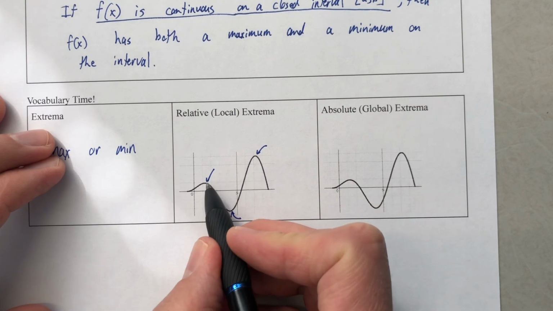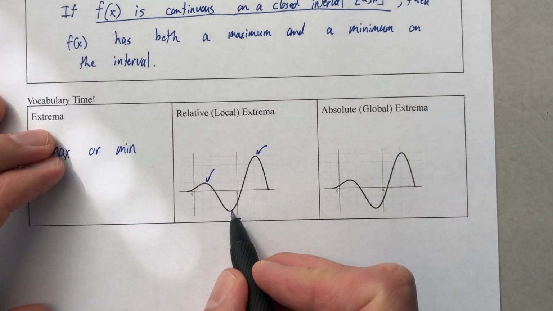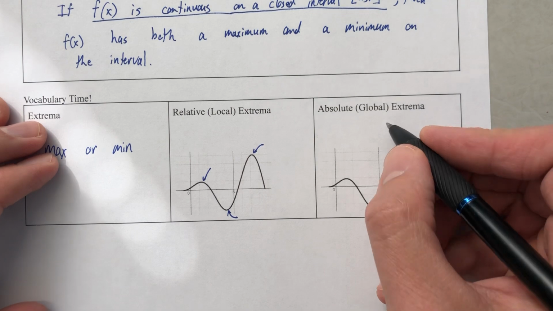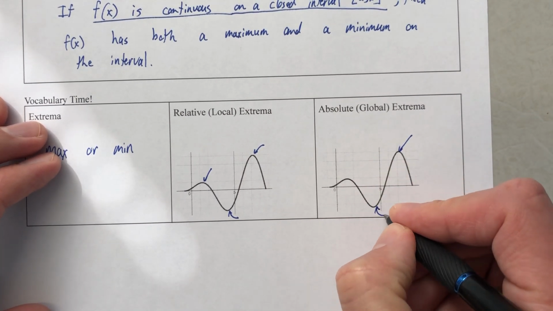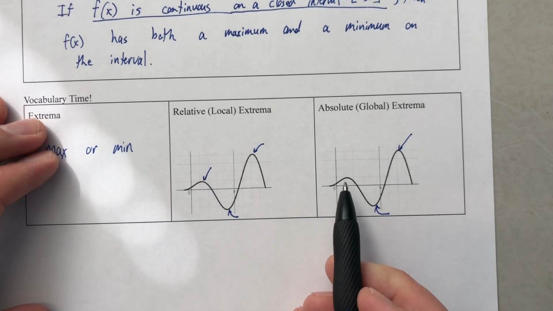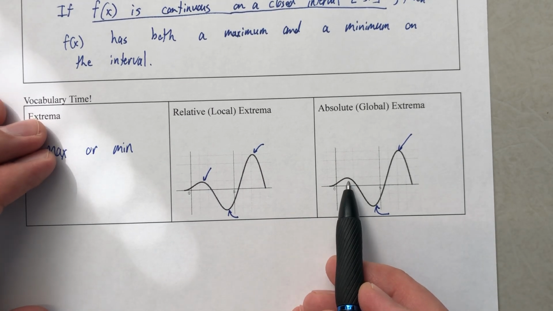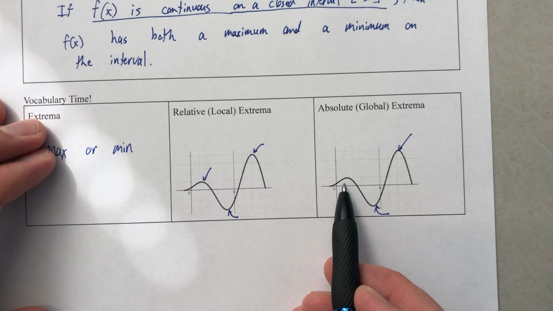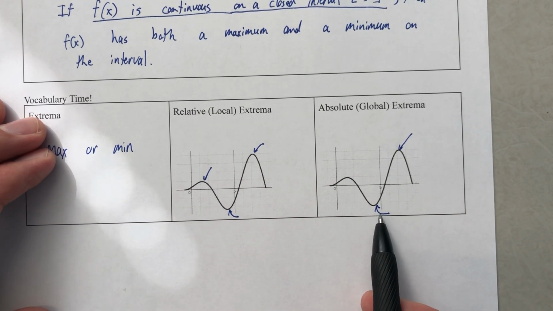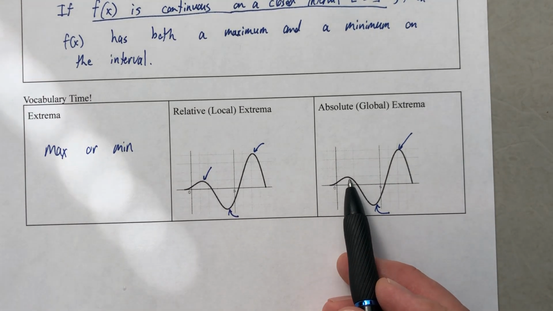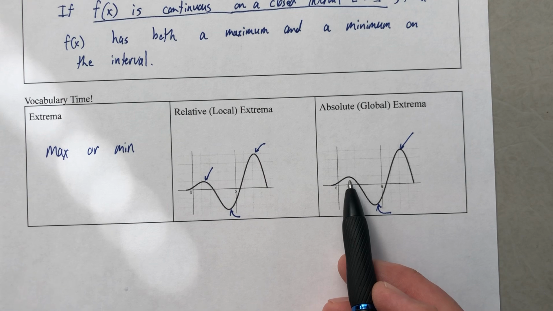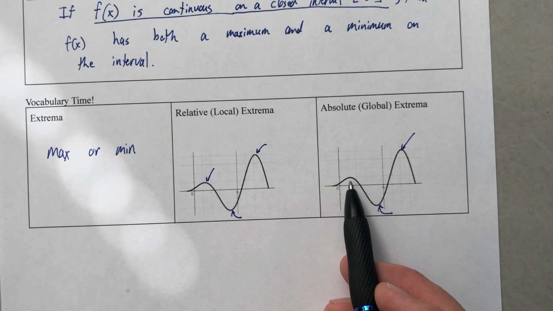There's a mountaintop, there's a mountaintop, there's a lower valley. Absolute extrema are the highest and the lowest. What about that one? It is not the absolute highest. This is the lowest. This is the highest. This is a maximum. It is not the maximum. And there's the difference.